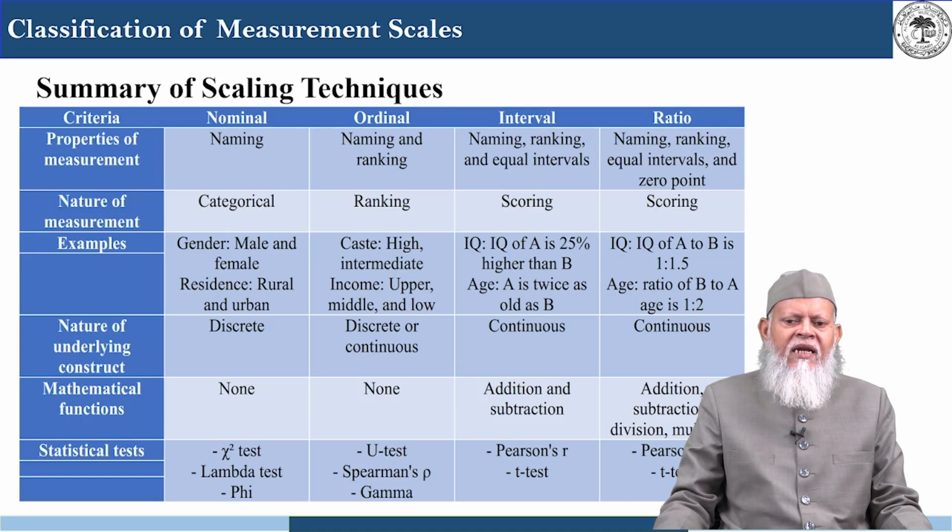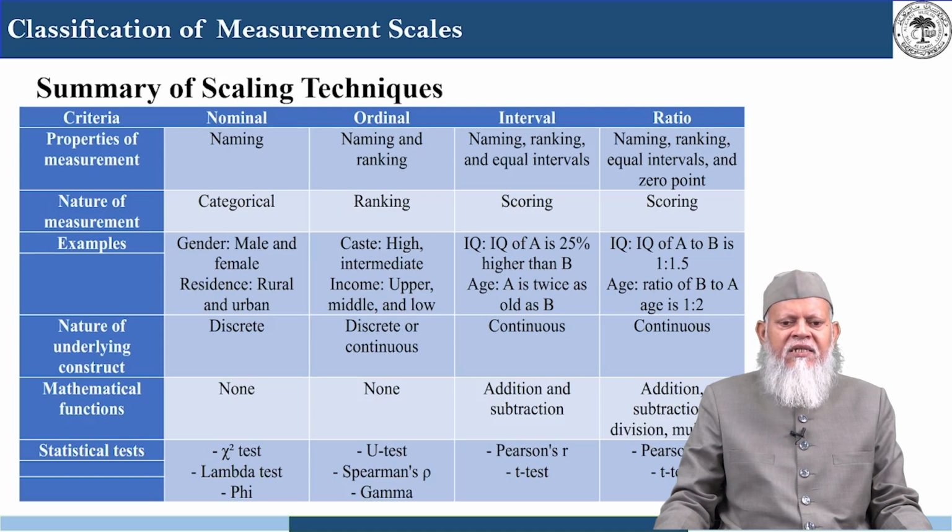In the interval scale, IQ of A is 25% higher than B. Age, A is twice as old as B. Then in the ratio scale, IQ, intelligence quotient of A to B is 1:1.5. Age, ratio of B to A is 1:2.